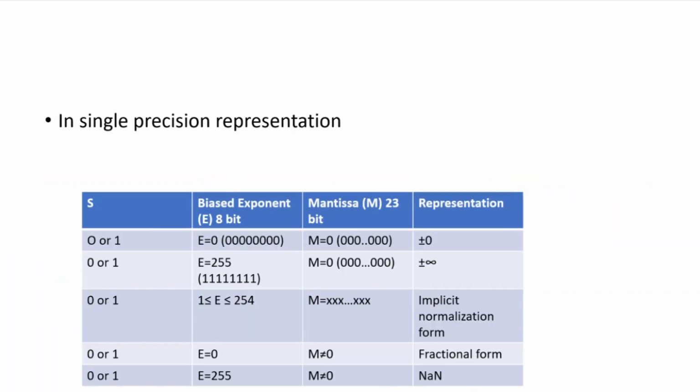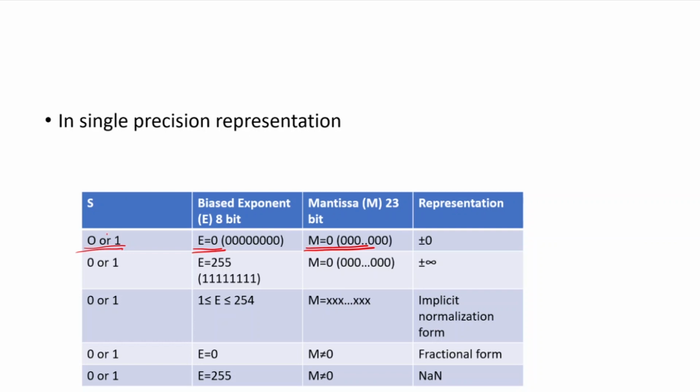Let us look at single precision, where some values are reserved. Whatever the value of s, either 0 or 1, when e is equal to 0, meaning the value of the exponent is 0, and all the 23 mantissa bits are 0, all the 8 biased exponent bits are 0, then what does this number represent? It depends on the sign bit.